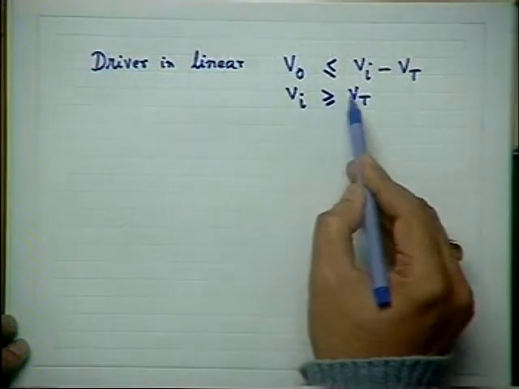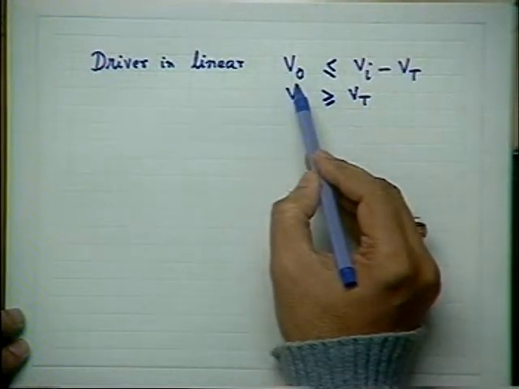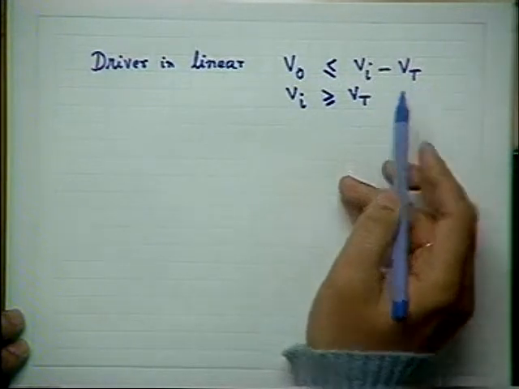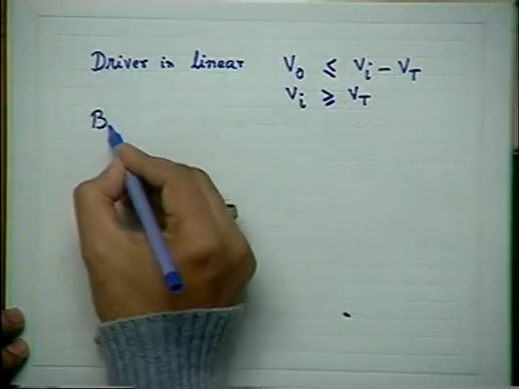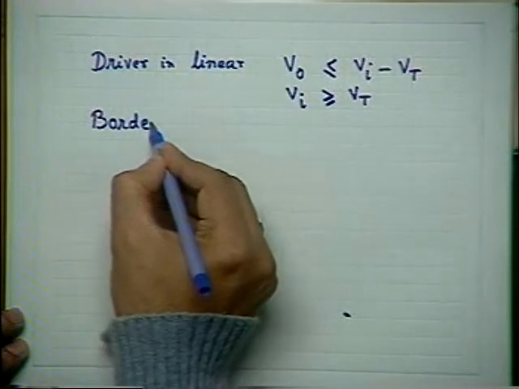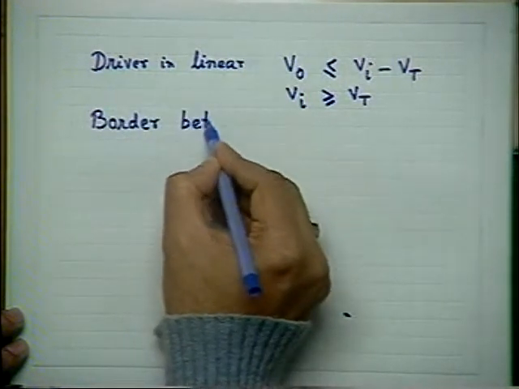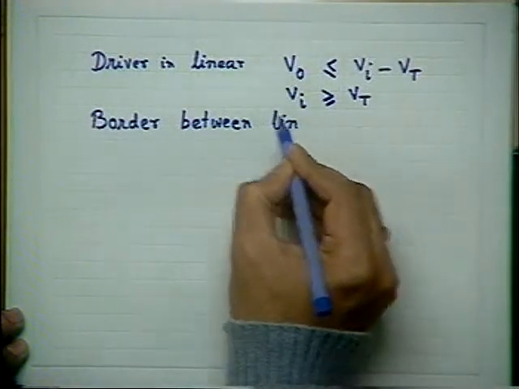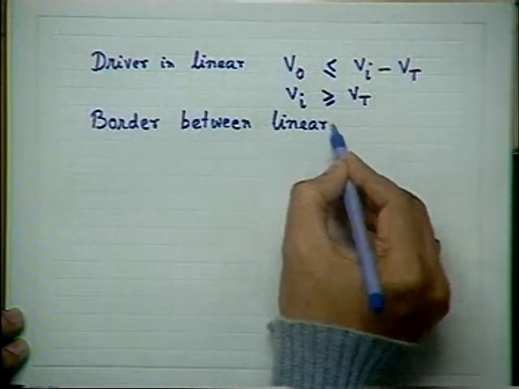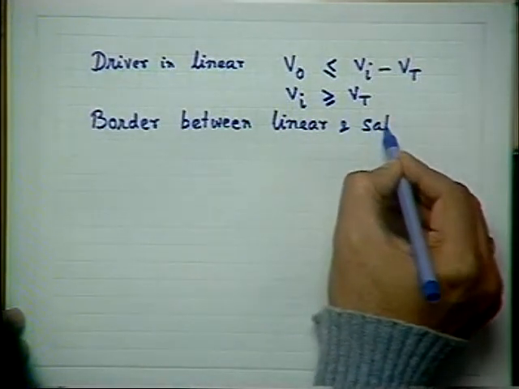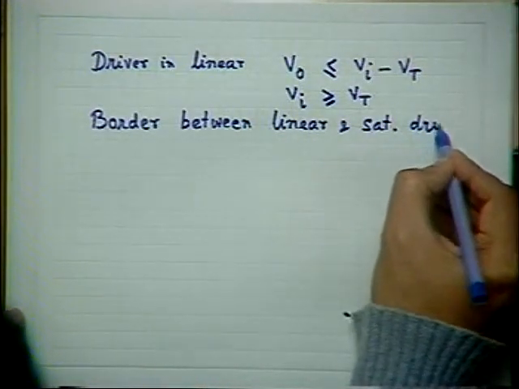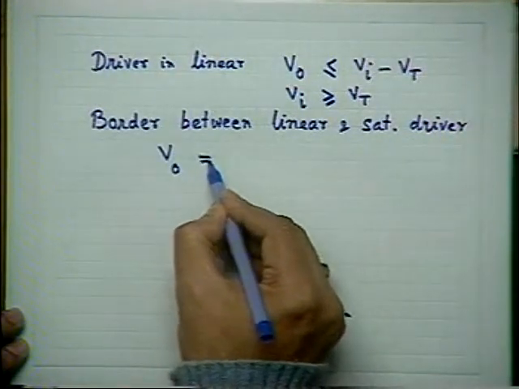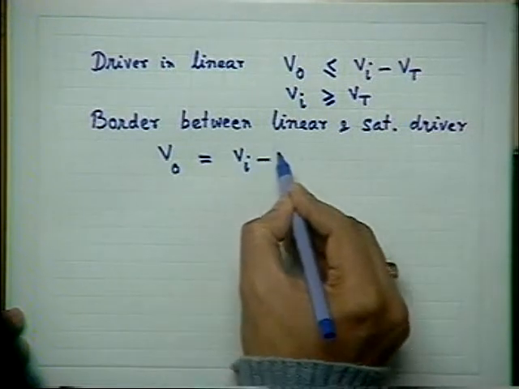So VI is greater than or equal to VT, but at the same time VO should be less than or equal to VI minus VT. So the border between linear and saturated driver is simply set by the condition that VO is equal to VI minus VT.